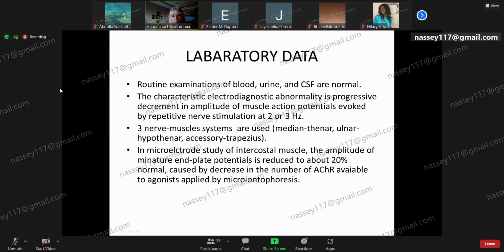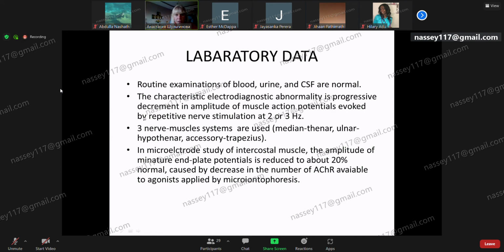Then laboratory investigation. Of course, like in all patients, we do an examination of the blood, urine, cerebrospinal fluid. Usually, this routine examination is absolutely normal. Electrodiagnostic abnormality is a progressive decremental response, as we said before, in the amplitude of the muscle action potential evoked by repetitive nerve stimulation at 3 Hz.